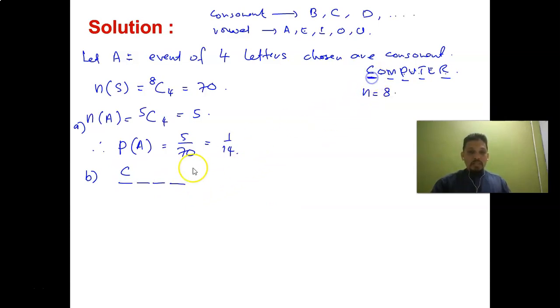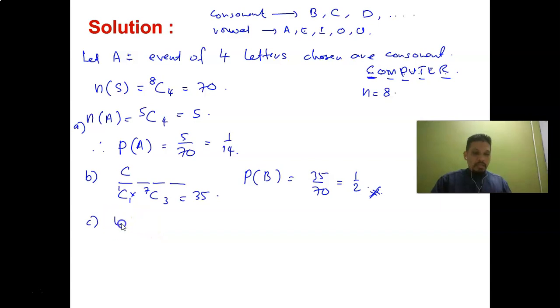There is only one C, so 1C1. How many places are left now? 3. C has been taken, so what's left now? 1, 2, 3, 4, 5, 6, 7. So that's 7C3 equal to 35. So the probability of event B, that C is chosen, equals 35 divided by 70 equals 1/2.